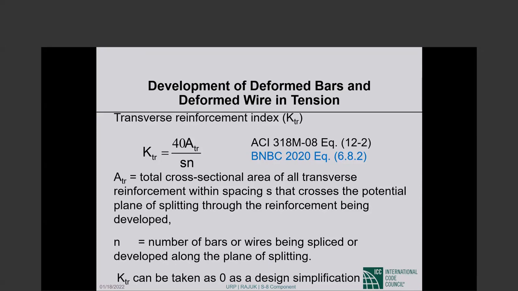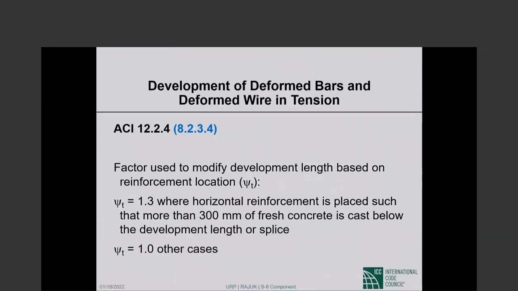The smaller of the two. We will post a revised slide set where C sub B will be indicated. Anyway, so C sub B is explained.